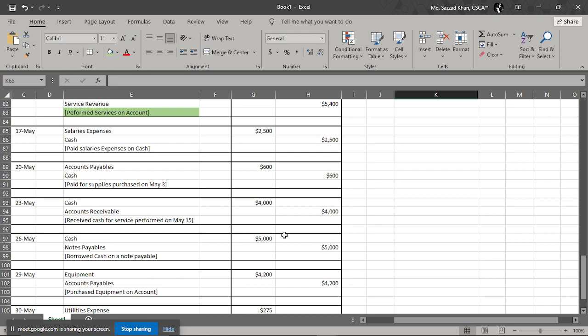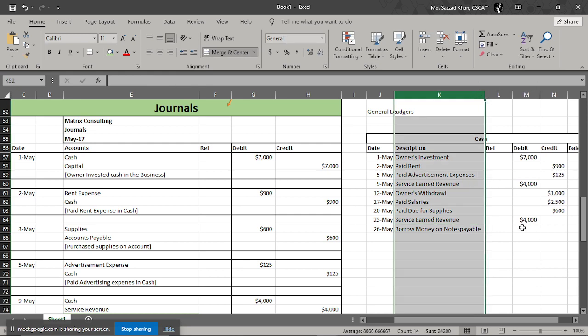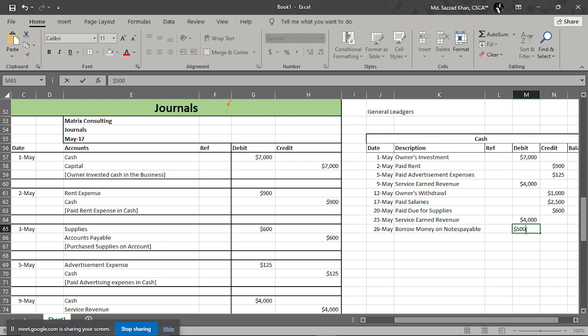So cash was debited in here, right? Borrow money on notes payable, which debited my cash account, right? All right.